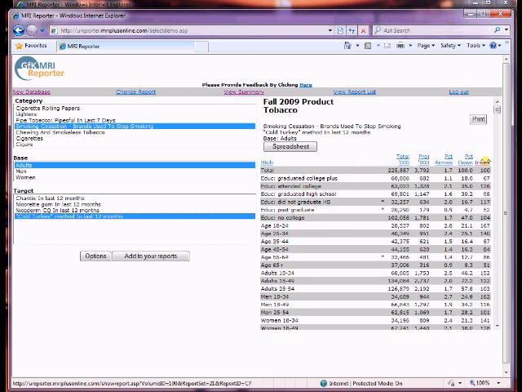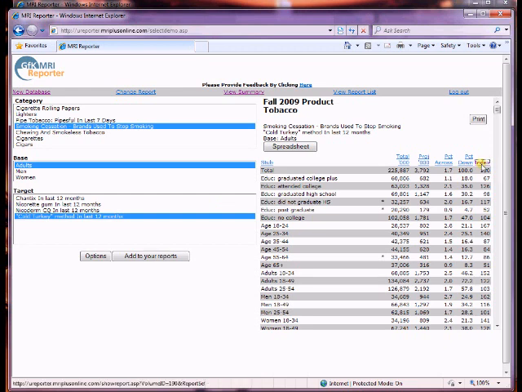Let's sort by index. Again, we learned earlier that numbers less than 100 imply that the criteria on the left means they're less likely than the norm, and numbers higher than 100 in turn mean people with this criteria, whatever that criteria may be, are much more likely to have tried to, in our case, quit cold turkey.